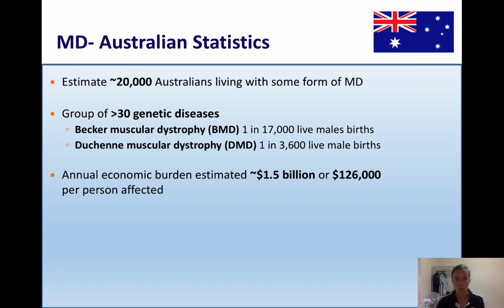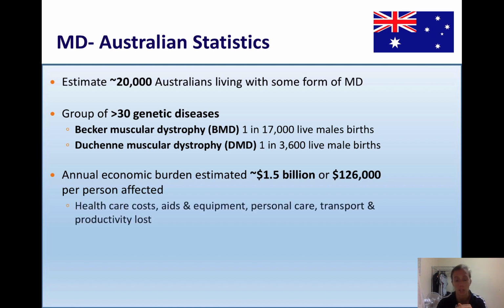When I was doing a bit of preparation for this lecture, I read some interesting articles around the economic burden, and some of it was talking to the fact that historically MD hasn't really had a heap of awareness, and there hasn't been a lot of financial support there for the patients and their families, which is pretty scary, because if somebody was to have a child that developed MD and they were facing financial costs of up to $126,000 a year, then it's going to be a pretty bleak scenario, and there's going to be some real stresses and pressures and issues with trying to achieve that optimal care.